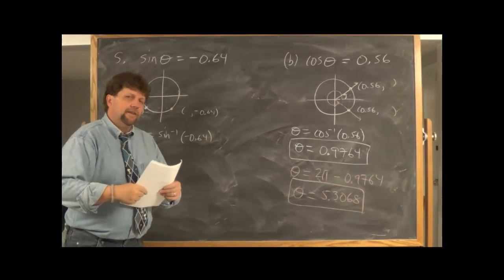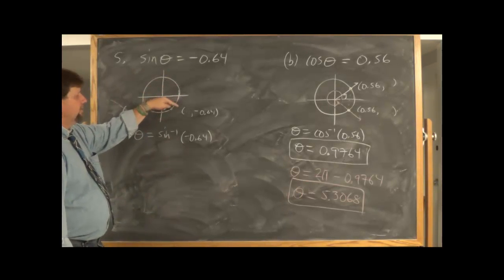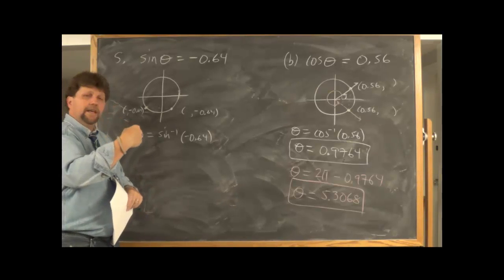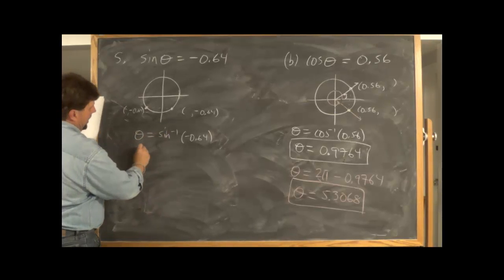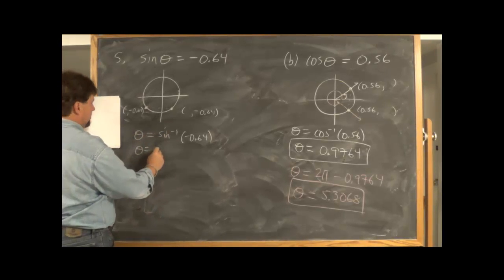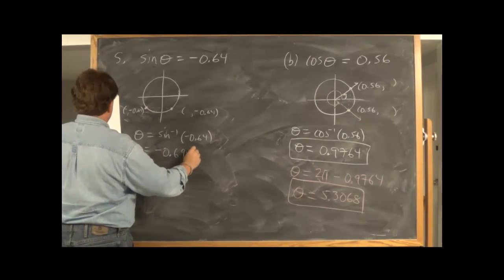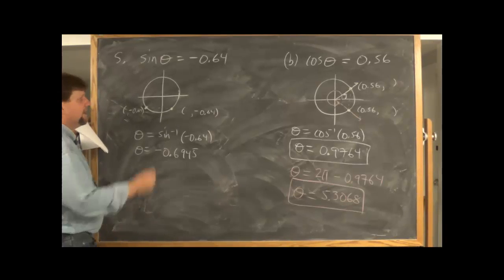I remember back on the study of inverse trig functions, an inverse sine rips an angle off the right half of the unit circle. It rips an angle off in the interval negative pi over 2 to pi over 2. When I use my calculator here, I am not surprised to get an angle that is a negative angle measure, negative 0.6945.